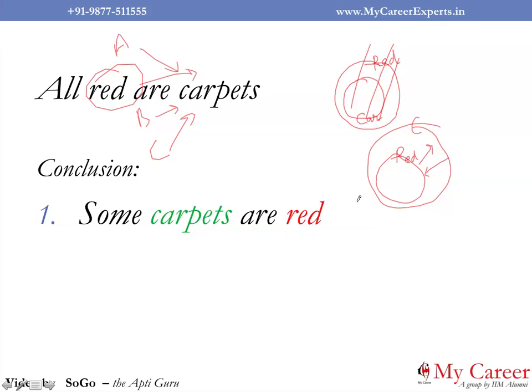If given the statement that all red are carpet, the only conclusion drawn is some carpets are red, though we have a possibility where we can have all carpets are red. When we have a diagram like this, when red and carpet overlap with each other, we will have some carpet as red as well. Now can we move to the next question? Let us see the next question.